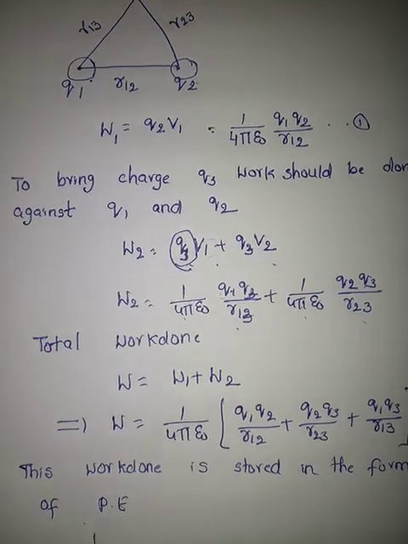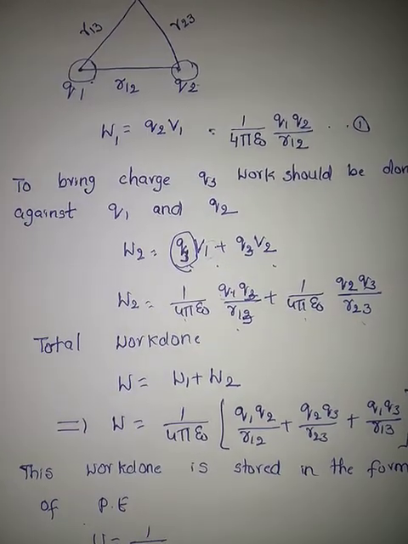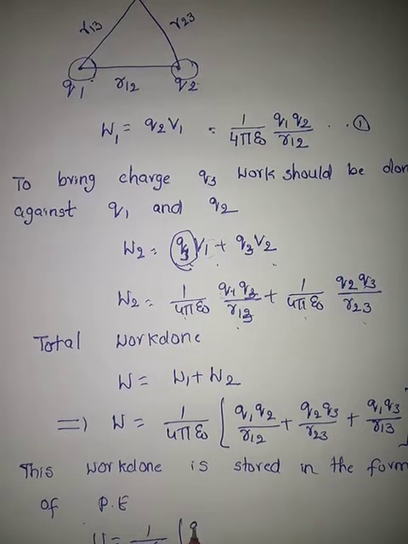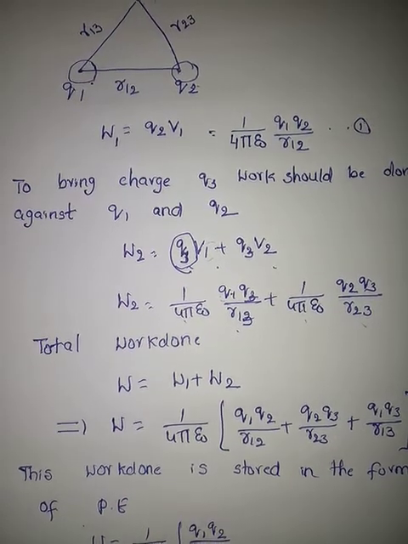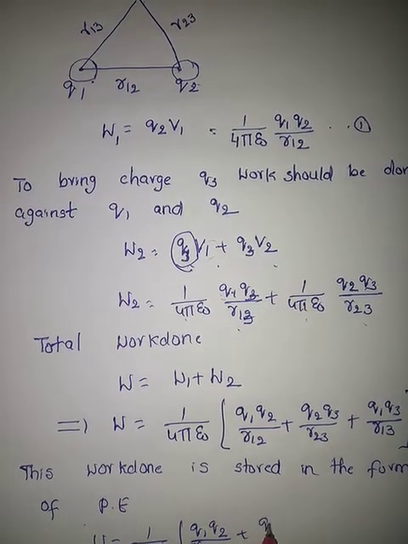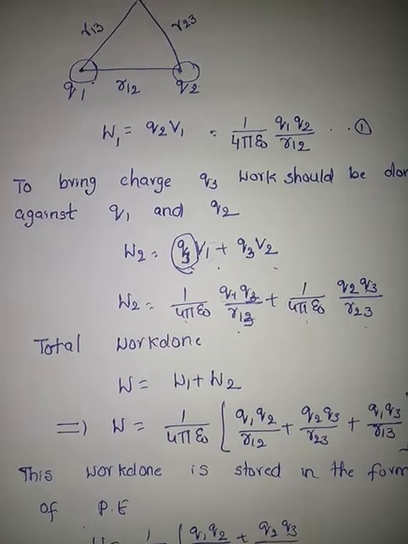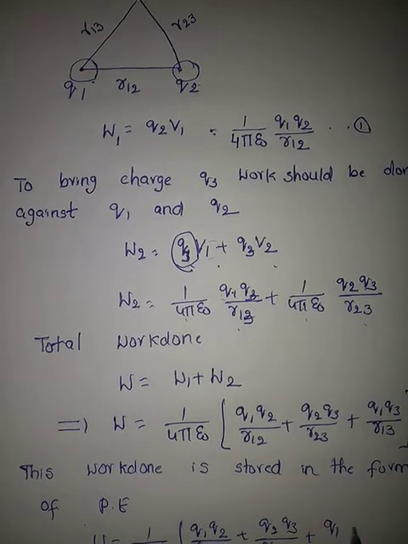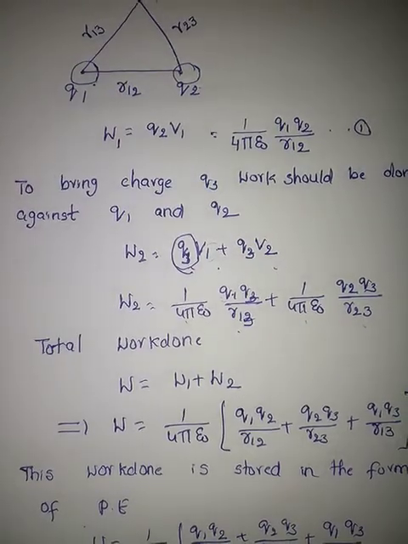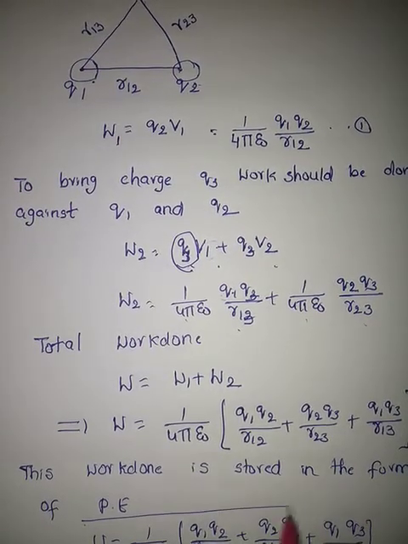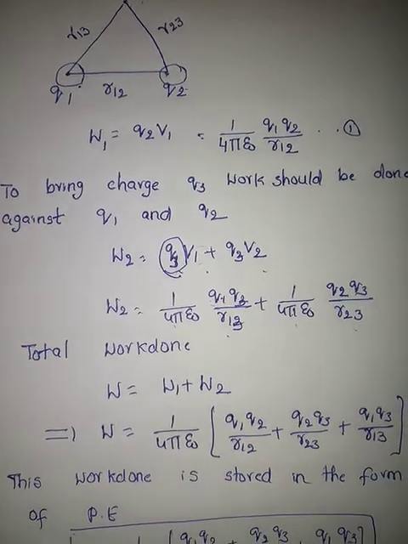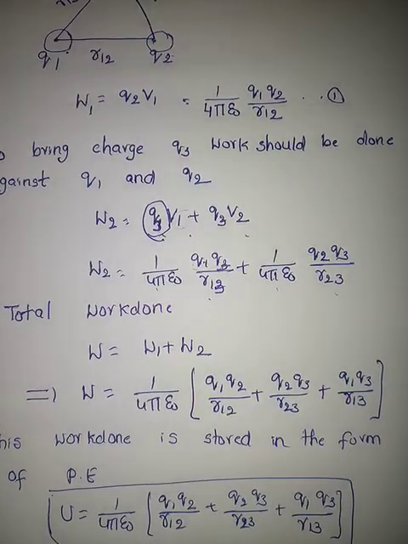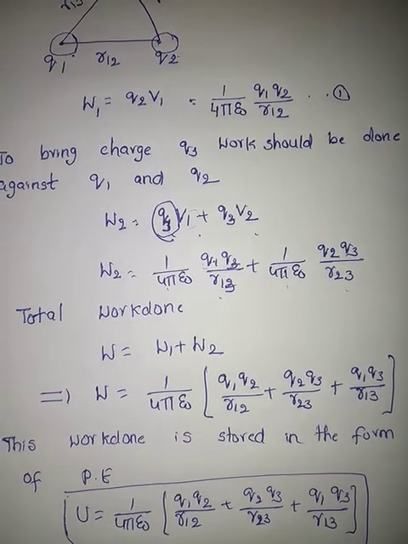Therefore U equals 1 by 4 pi epsilon naught Q1 Q2 by R12 plus Q2 Q3 by R23 plus Q1 Q3 by R13. So this is the way we can calculate the potential energy of a system of 2 charges and 3 charges. If you take 4 charges also, you can get the same answer.